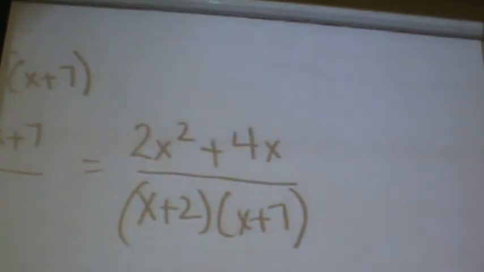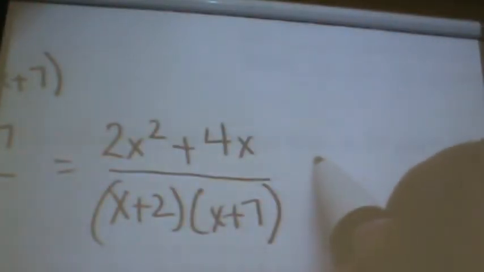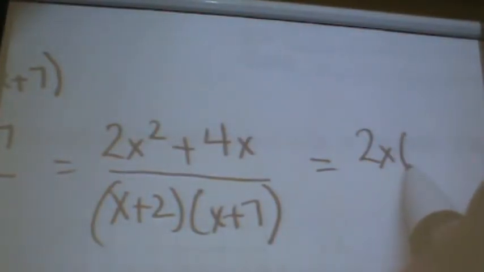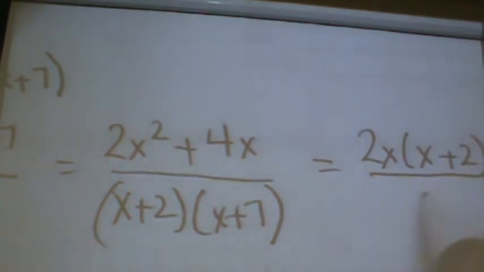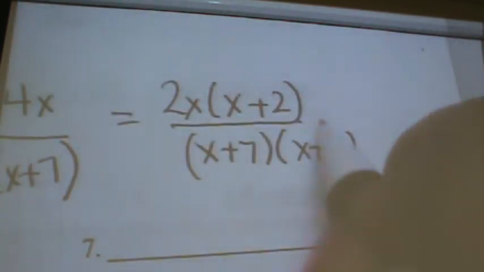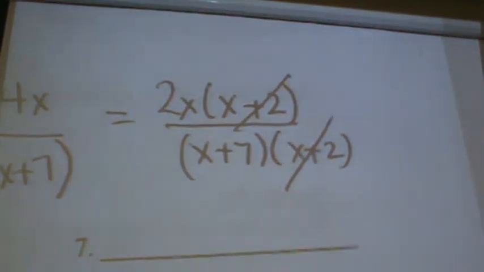What can you take out of the numerator? And then what cancels? So your answer is 2x over x plus 7.